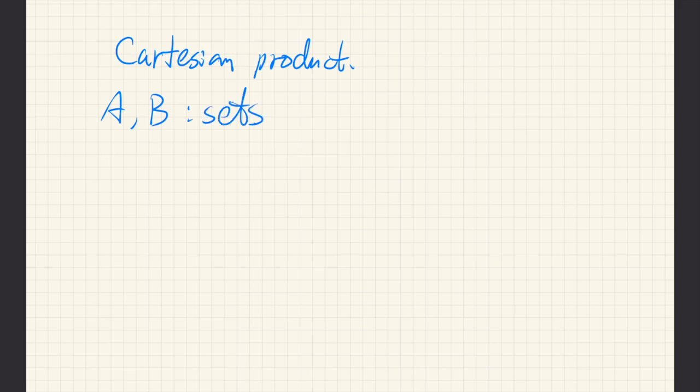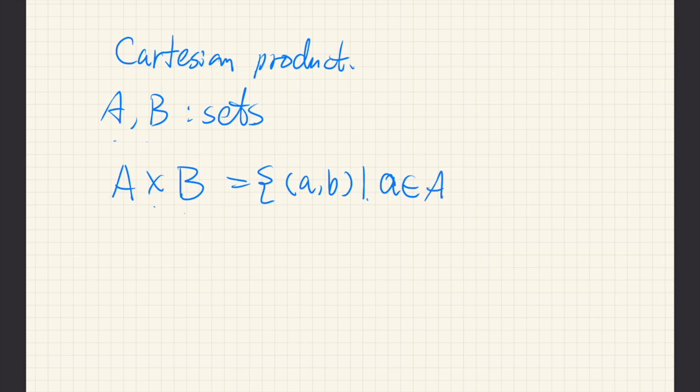Then the Cartesian product between A and B, denoted as A times B, is defined as follows. It is the set of pairs (a, b), where lowercase a belongs to the set A, and lowercase b belongs to the set B.